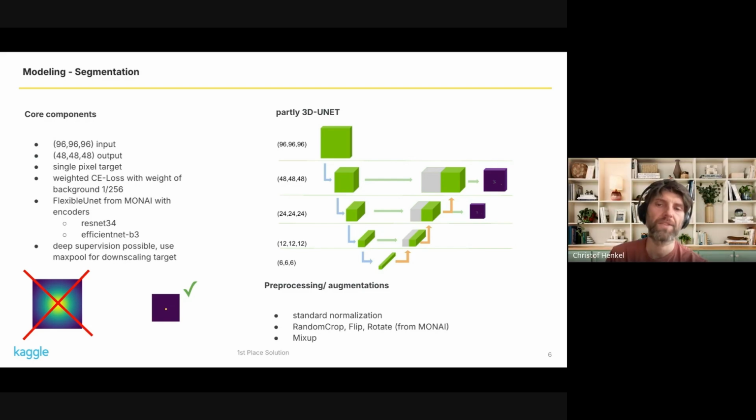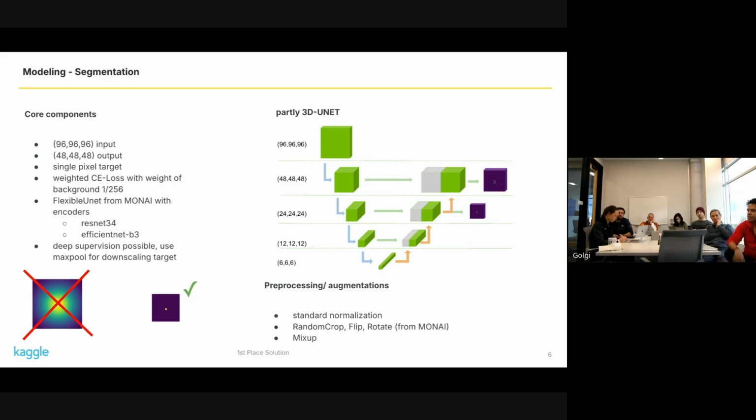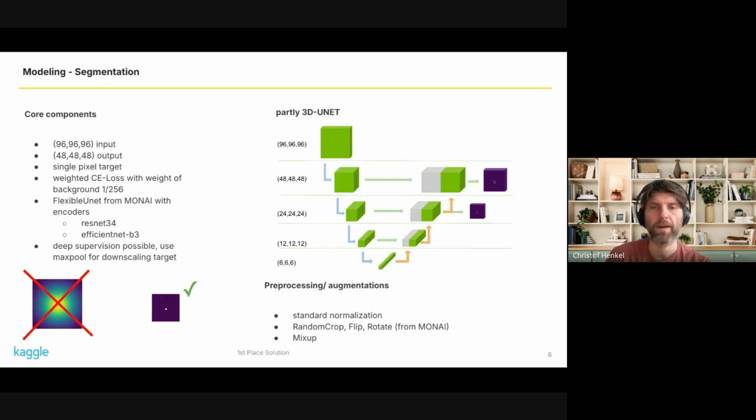Yeah, we will talk about this on the next slides, because I actually will then combine my predictions with the predictions from Eugene's model, which are also, more or less by coincidence, on this 48 by 48 by 48 output. So that's a lucky coincidence that we anyway have the same output, and then we just multiply the predictions by a factor of 2 at the end.